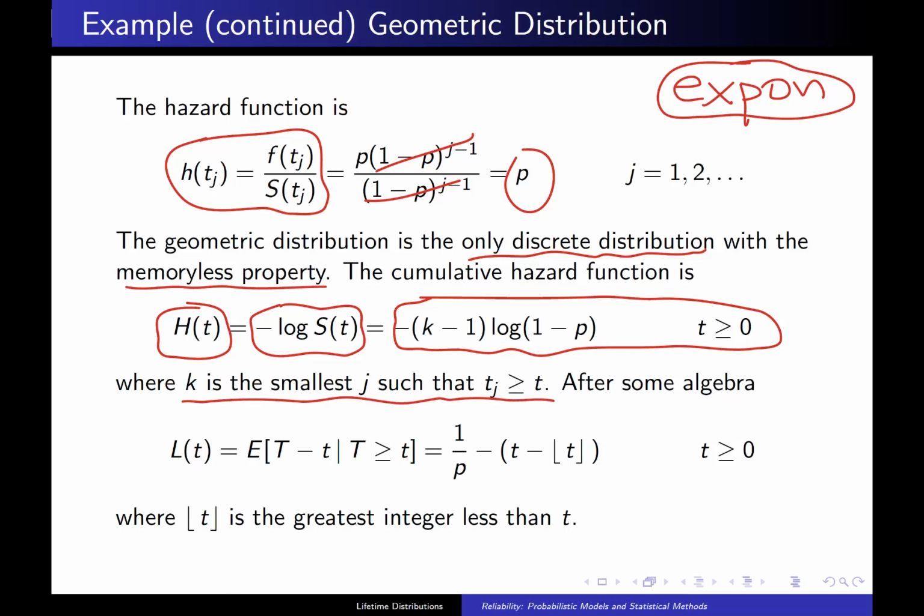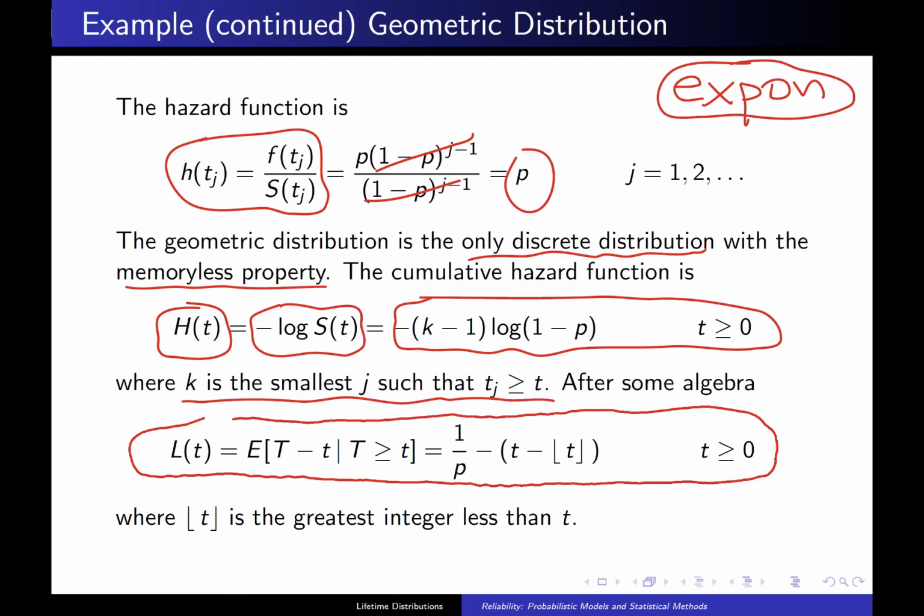Finally, without going through the steps, after some algebra, L of t, which is defined to be the expected value of T minus t, given T is greater than or equal to t, is 1 over p minus t minus the floor of the time, where that floor is the greatest integer function.